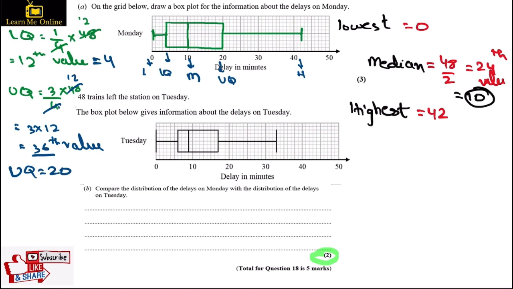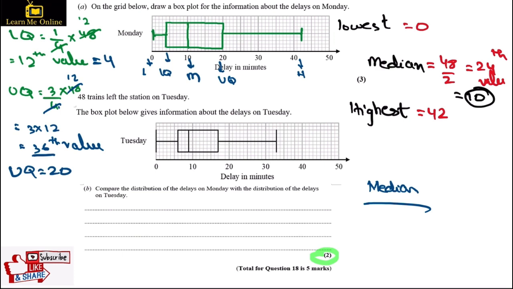Whenever we have to compare box plots, there are a few things that we can use. The first thing is the median. What do we say about the median? We can see that the delays on Monday are more, because the median for Monday is 10, and the median for Tuesday is, clearly you can see, 9.